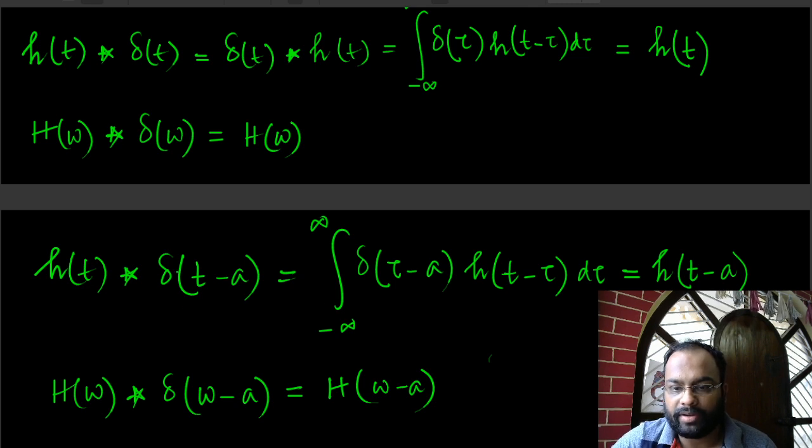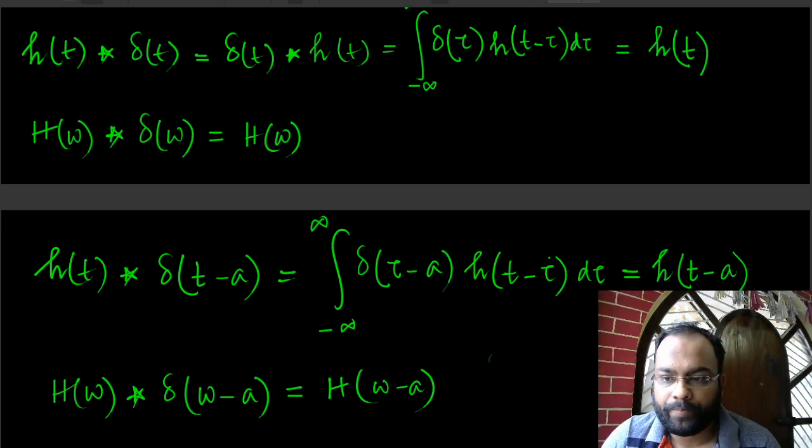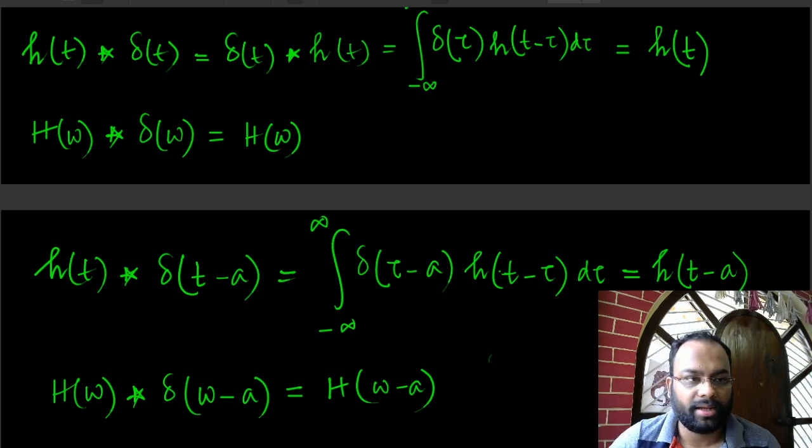Instead of delta t, I have delta t minus a. So instead of delta tau, I have delta tau minus a. The rest should be the same. And here I replace tau with 0 in this. That was the answer. And here I replace tau with a. That is the answer.